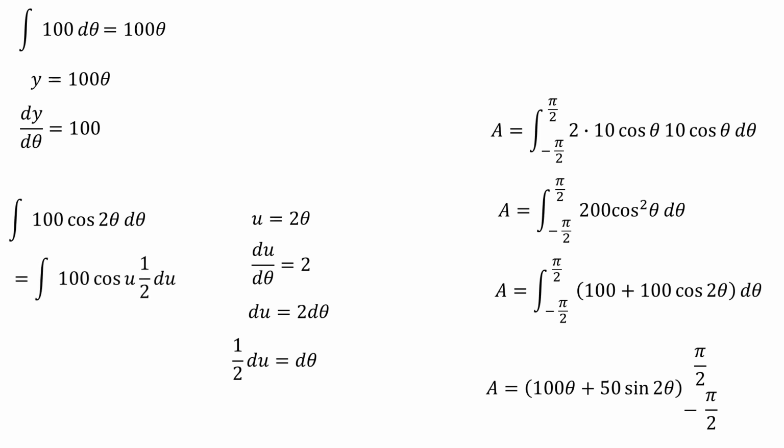And that's why that 100 became a 50. 100 times a half is 50. And of course, if I integrate cosine, I get sine. And now if I do my back substitution, u becomes 2 theta. So that's how that integration happened.